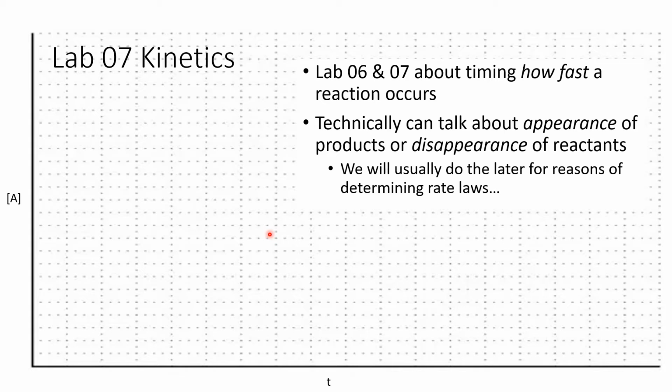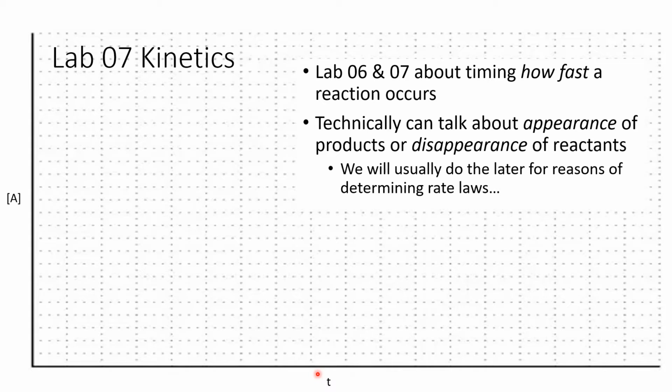And so a lot of times we're going to be talking about this concentration, and you'll see this over and over again, this brackets here, concentration versus time graph. And there are going to be some other graphs. We're going to do a lot of graphing and a lot of linearization in this unit.